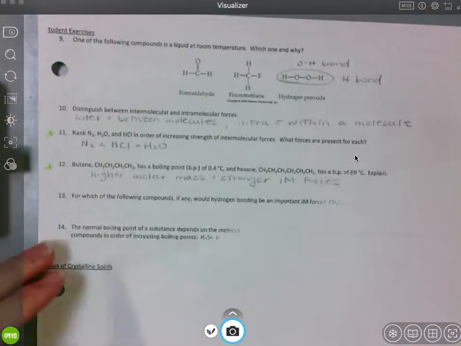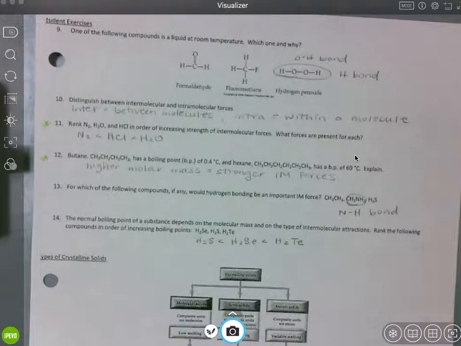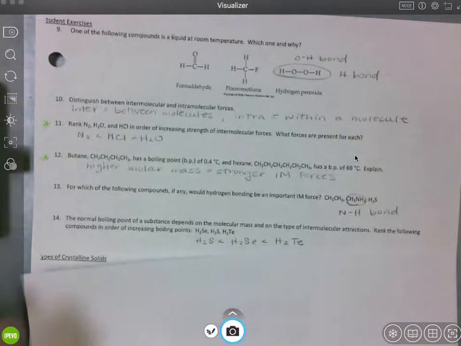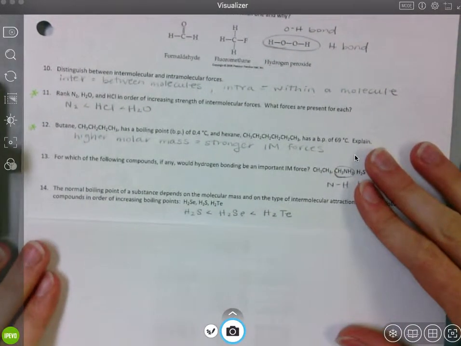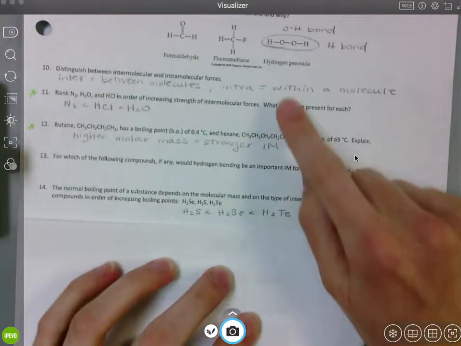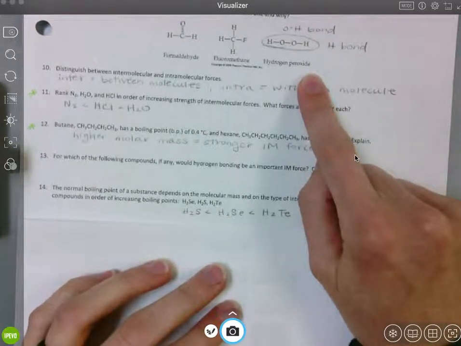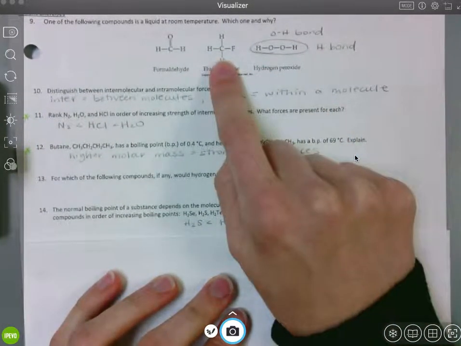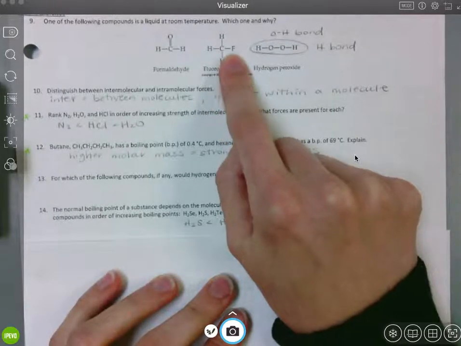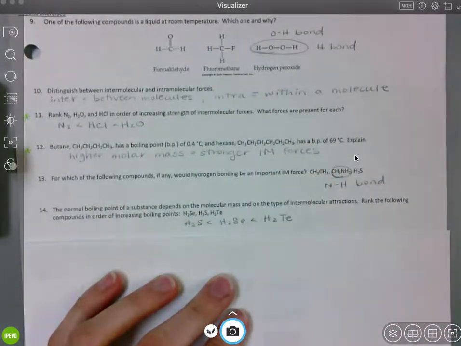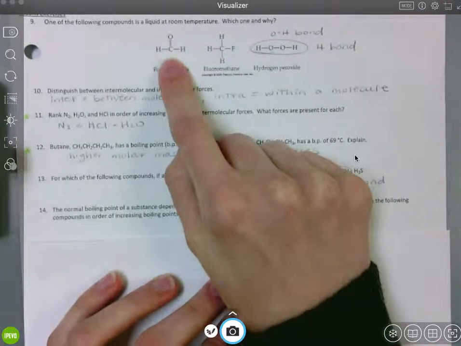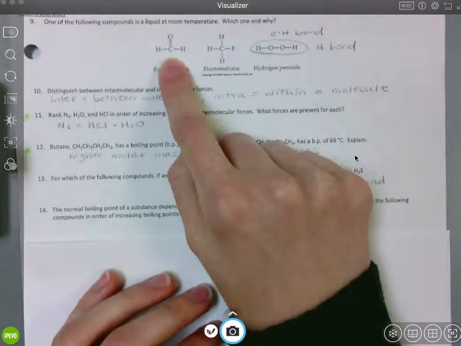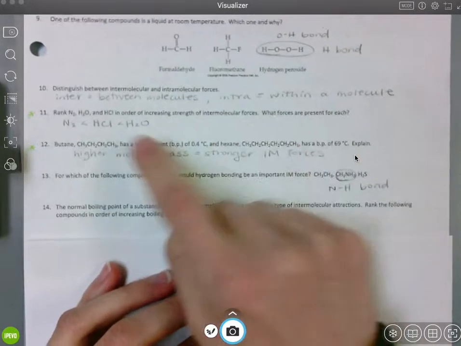Okay, so here are our answers, 9 through 14. Which of the following compounds is a liquid at room temperature? Which one and why? That's hydrogen peroxide, because we have oxygen-hydrogen bonds. In the other compound, even though we have a fluorine, it's bonded to a carbon, so that's not a hydrogen bond. The hydrogen has to be bonded to oxygen, and here oxygen is bonded to a carbon, so we don't have a hydrogen bond there.